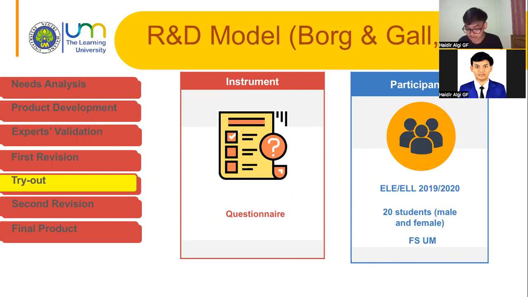Hello? I'm audible? I think I'm okay. Yes, okay. You used 20 English department students to conduct a trial, which was called preliminary field testing because it's limited to several respondents.